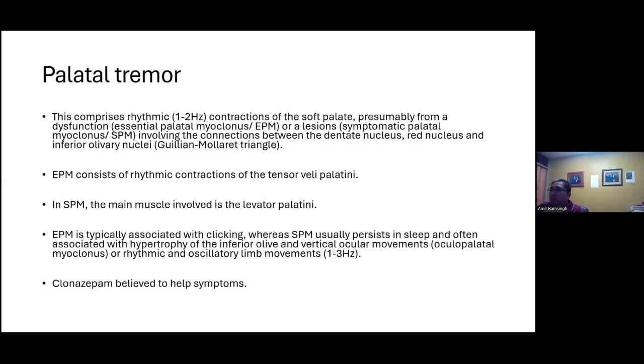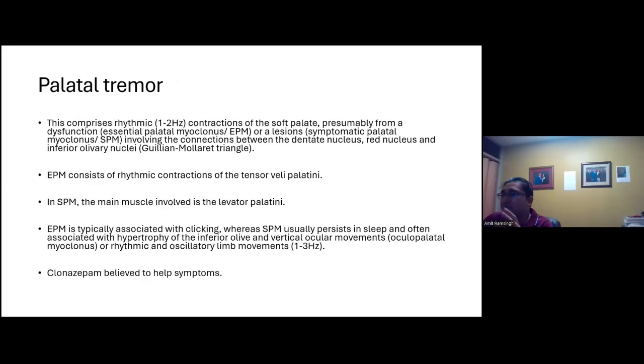And essential palatal myoclonus usually consists of rhythmic contractions of the tensor veli palatini, innervated by cranial nerve 5, and symptomatic palatal myoclonus usually involves tremor to the levator palatini, innervated by cranial nerve 7.